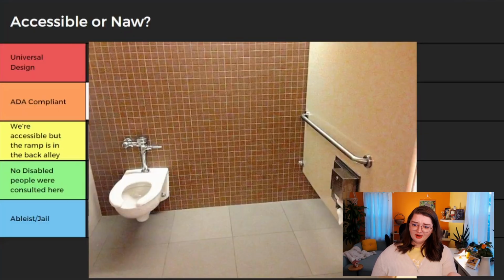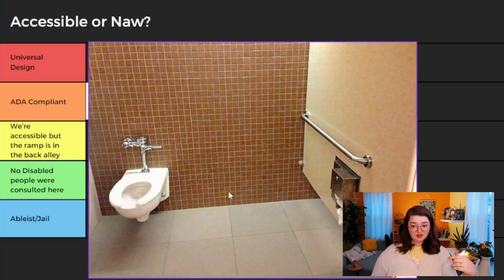the grab bar and the toilet paper are across the gap from the toilet. What in the world? And there's also supposed to be grab bars on the back. So the grab bars in this situation should be on the back and then on this other wall over here. And this toilet paper dispenser should be on the wall over here.